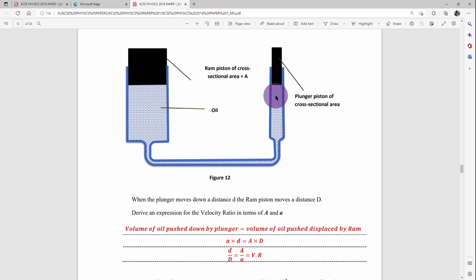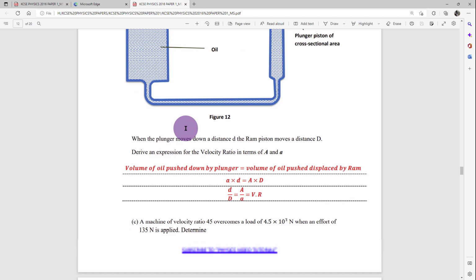The other thing which is the same is that the volume of the oil displaced by moving this piston downwards is equal to the volume of the oil displaced when this piston moves upwards. So we equate the two volumes.